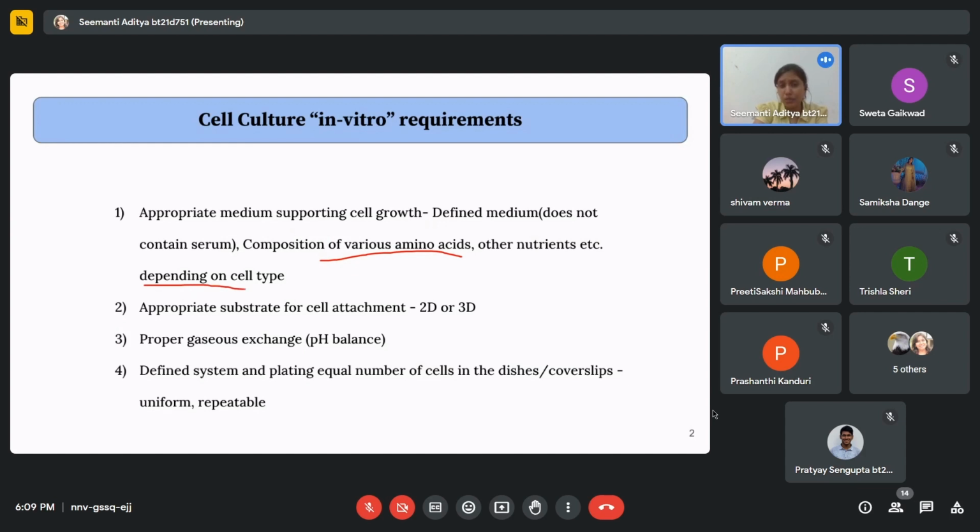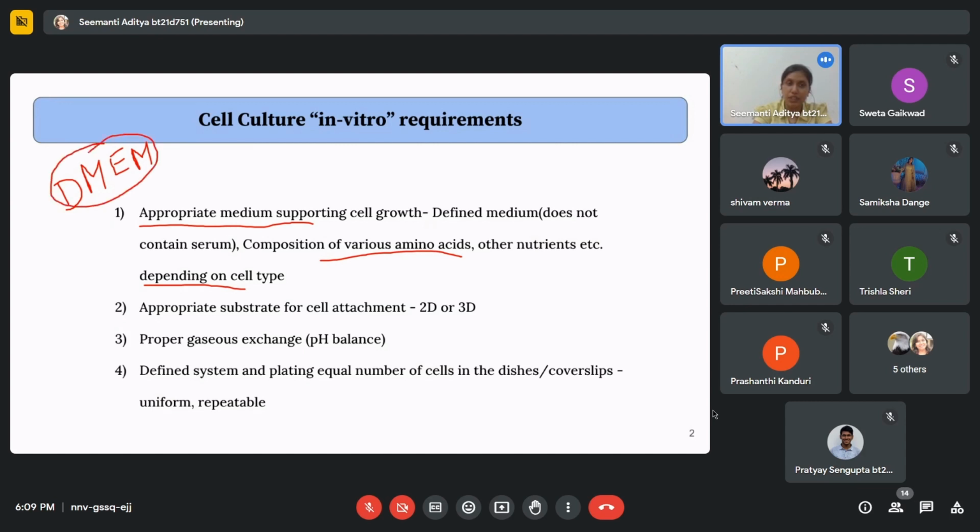But the most commonly used medium that we use is DMEM, or Dulbecco's Modified Eagle Medium. This generally consists of all the essential amino acids and glucose and other ions, for maintaining proper osmolarity and proper nutrient composition. Appropriate medium in the sense that some cells, like some neuronal cells or some specified cardiac cells, require a medium which may not be DMEM.